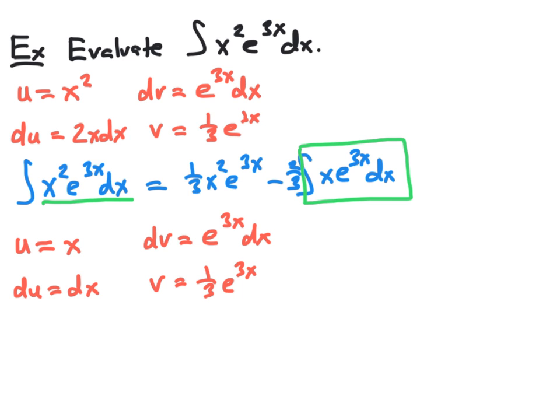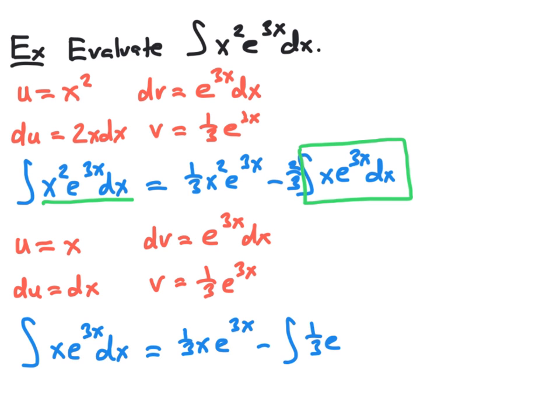Now when we do that, we see that the integral of x e to the 3x by integration by parts will be u times v, which will be 1/3 x e to the 3x, minus the integral of v du, which will be 1/3 e to the 3x dx.